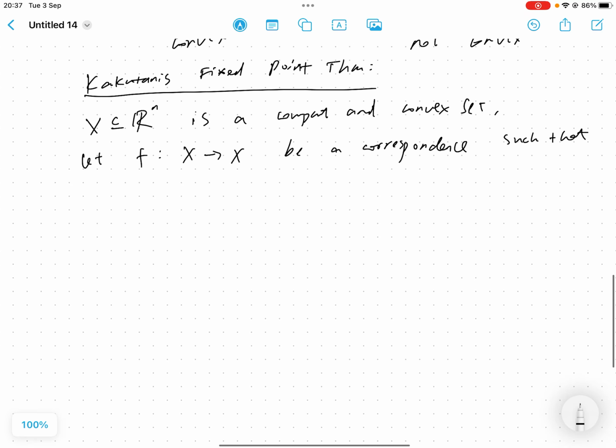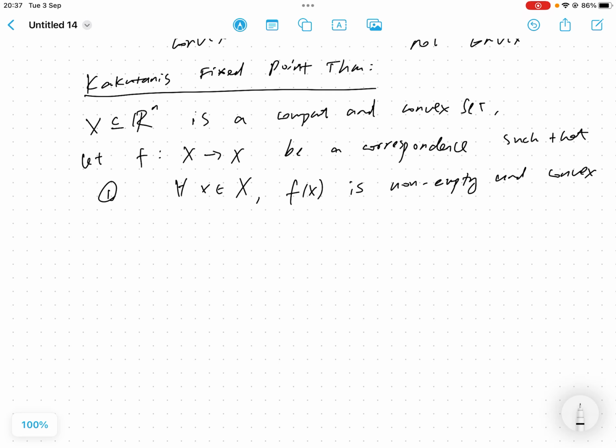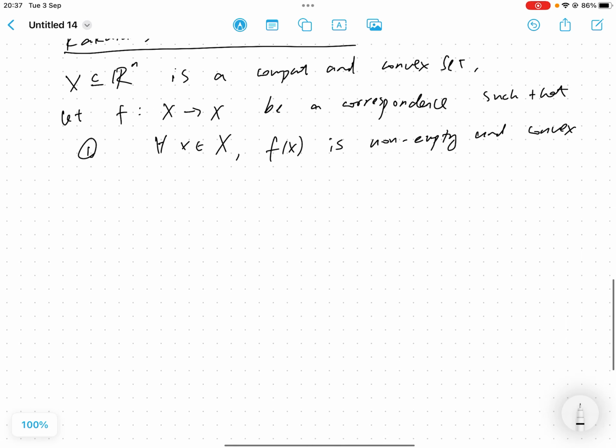The first is that for all elements x in the set X, the correspondence F(x) would be non-empty and convex. That would be the first requirement for this statement.